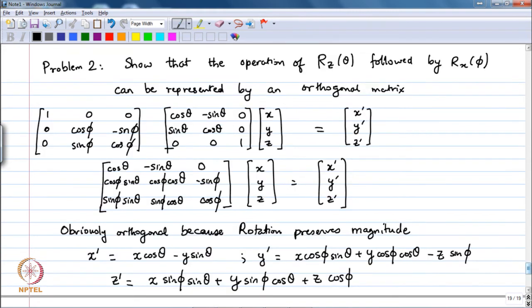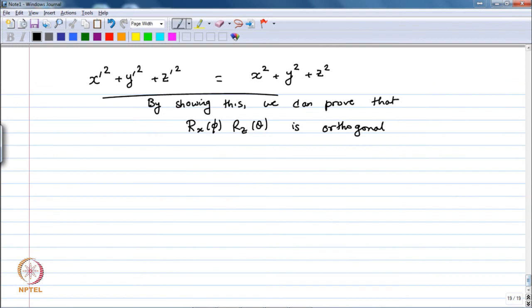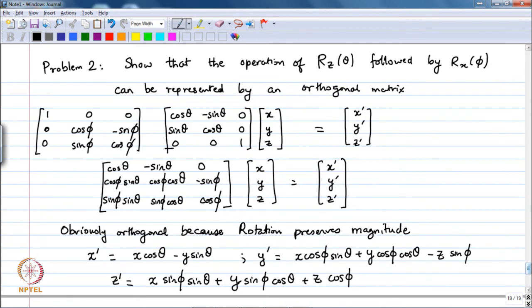We intuitively know that a product of rotations should be an orthogonal matrix, because a product of rotations will preserve the magnitude of the vector. Okay. So, if each rotation preserves the magnitude, the product should be an orthogonal matrix, but we can show it explicitly by going through this procedure, by seeing what the new coordinates are.